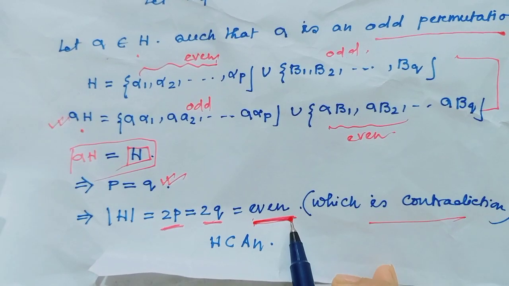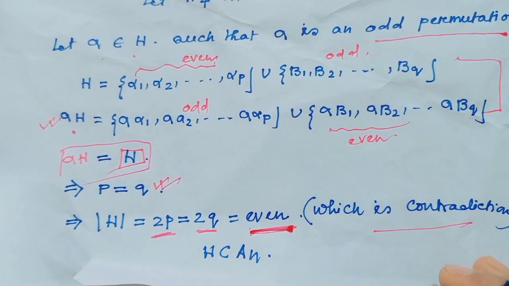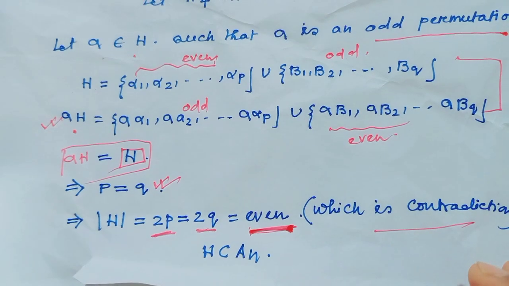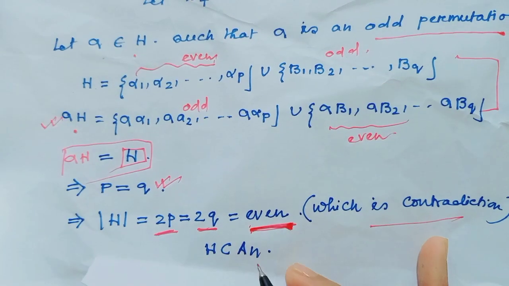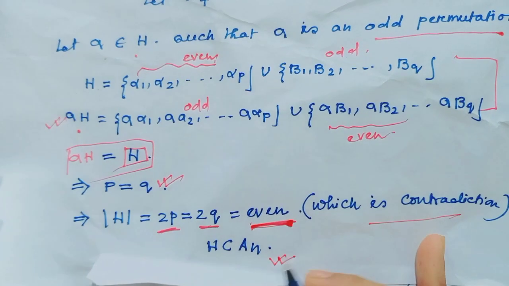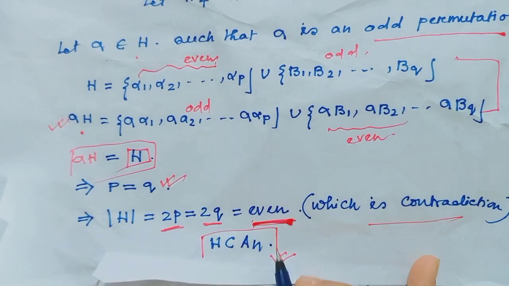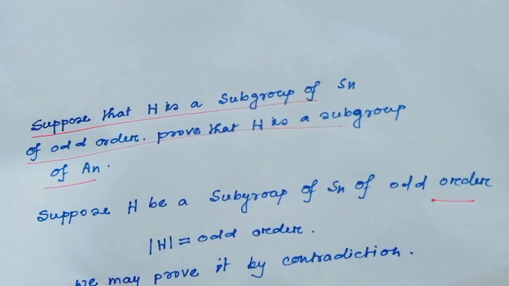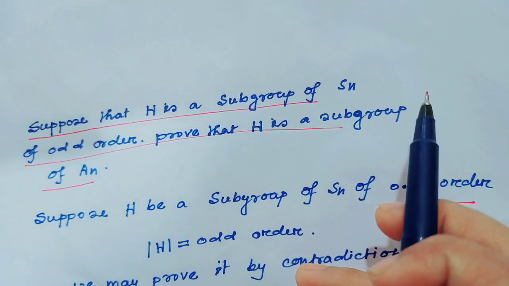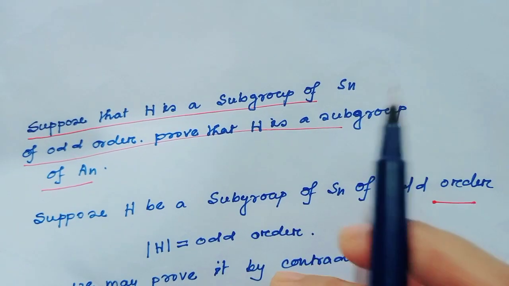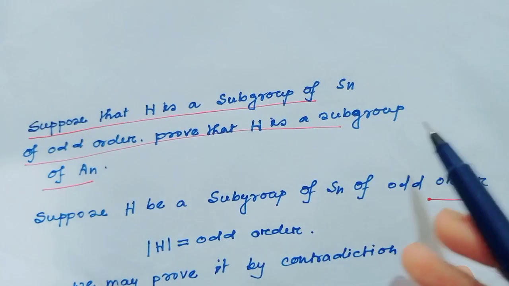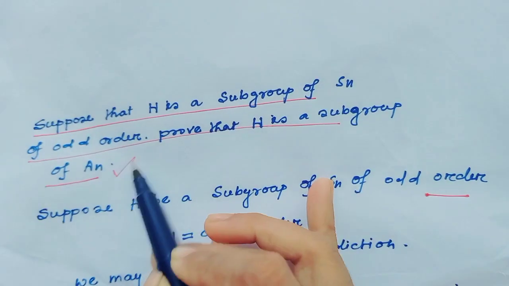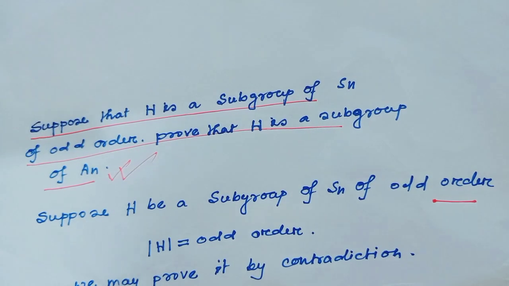This is our wrong assumption, because the given order of A is an odd number, so actually A is a subgroup of An. This proof is very easy but very interesting. Any subgroup of Sn of odd order is actually a subgroup of the alternating group An.